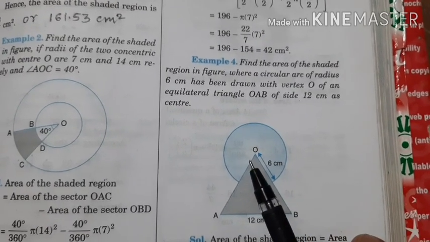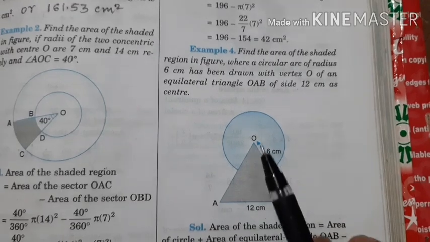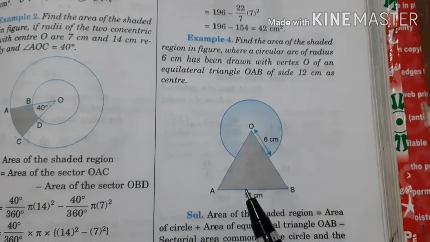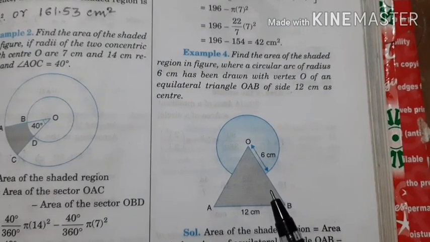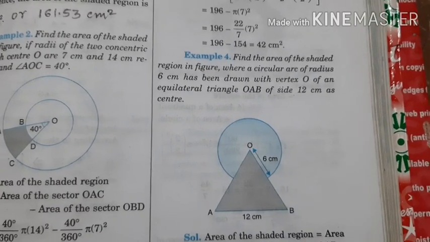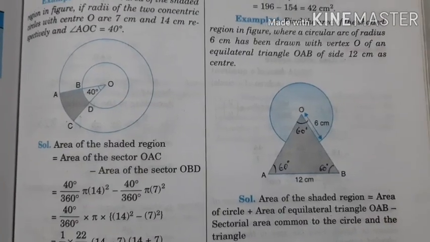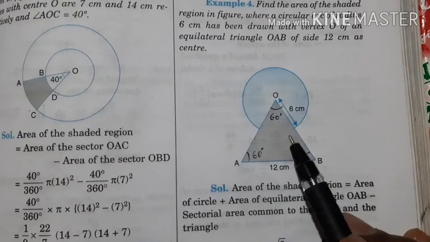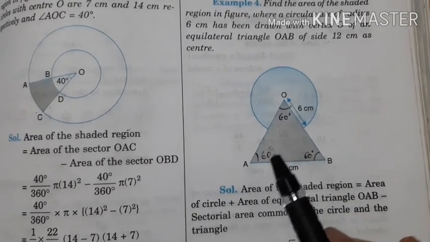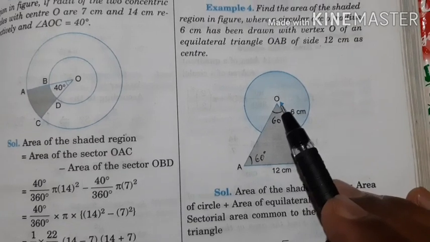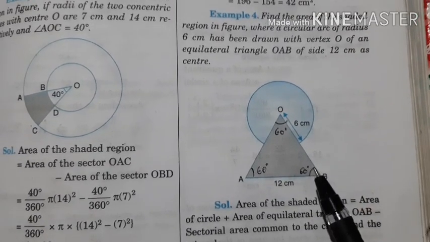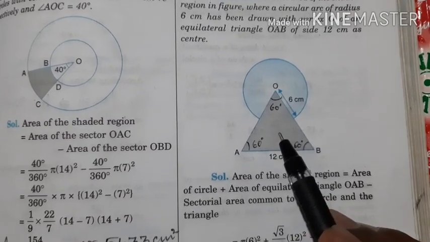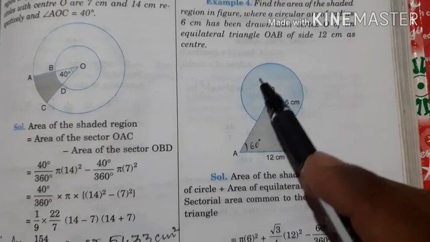sector area. Okay. See here children, since ABO is an equilateral triangle, all the three sides are equal to 12 cm and each interior angle must be 60 degrees. So the shaded area can be calculated in two ways. The first way is the area of this equilateral triangle, directly calculated by the formula root 3 by 4 a squared, plus the area of this sector.